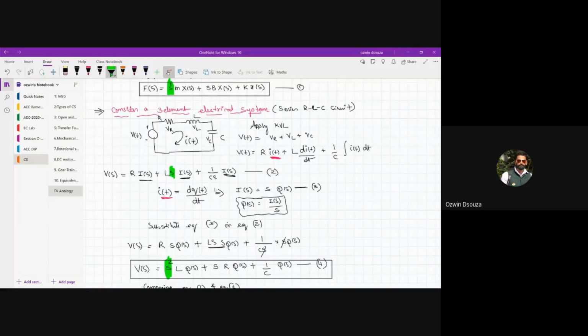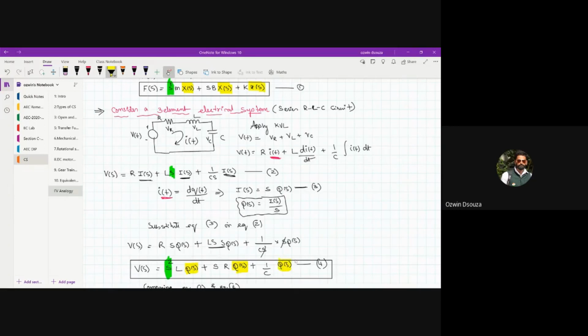In the sense, the variable in equation 1 is what? X of s. On the other hand, the variable in equation 4 is Q of s.